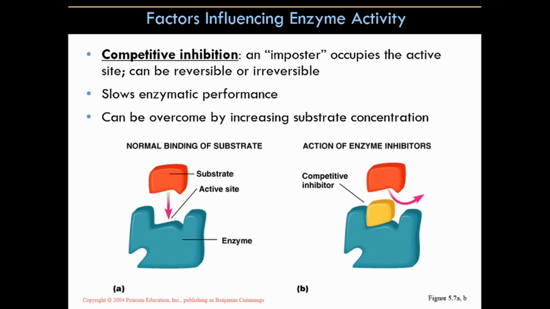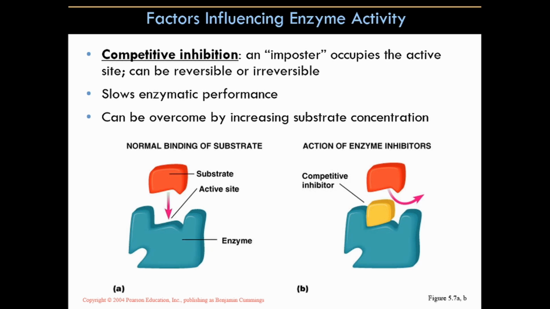This greatly slows enzymatic performance if it's a reversible one, if the competitive inhibitor can be booted out. And I say, well, how can it be booted out? Well, maybe they're the same charge, and so because of the like charges repelling, the competitive inhibitor can be rejected or ejected out of the active site.